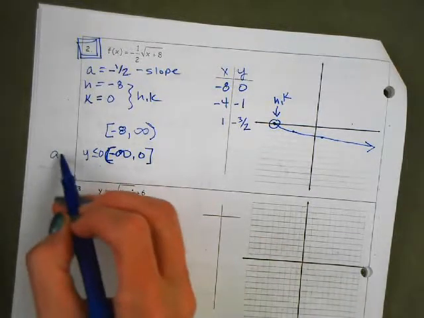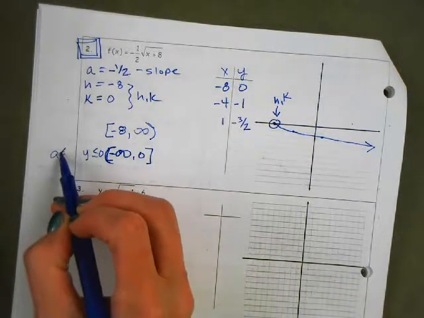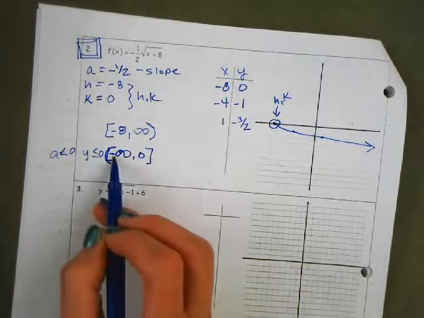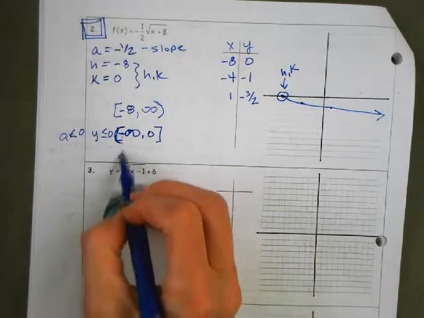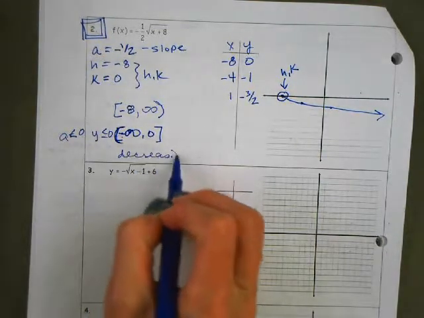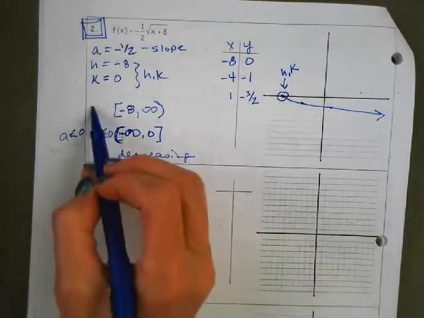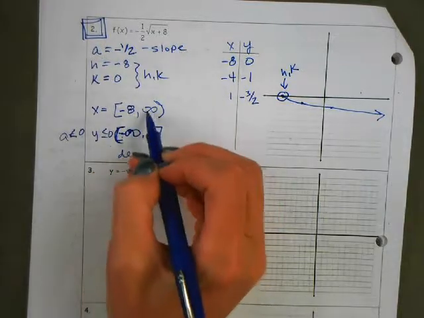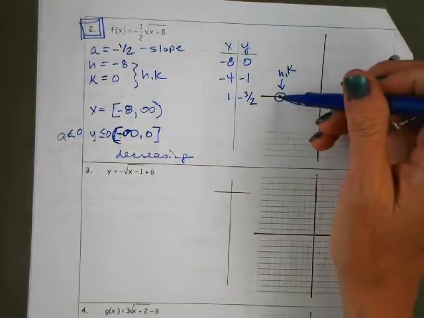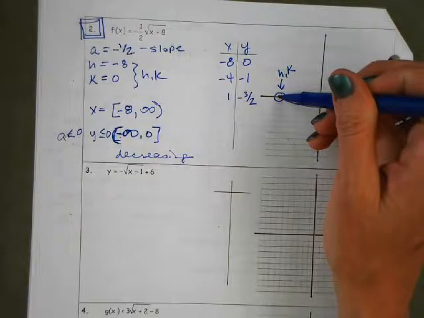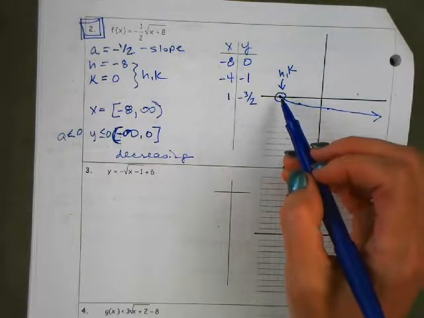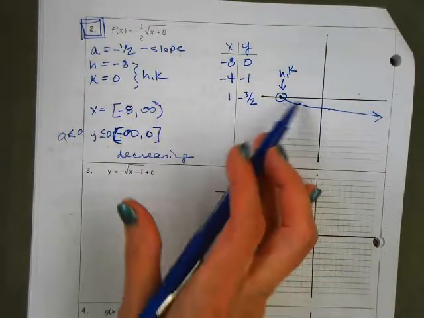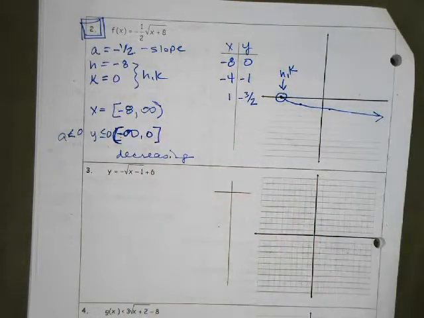So when A is negative, when A is less than 0, then it goes to -infinity, not to positive infinity. Why is the domain positive? Because X starts here and its value keeps getting bigger and bigger and bigger this way.